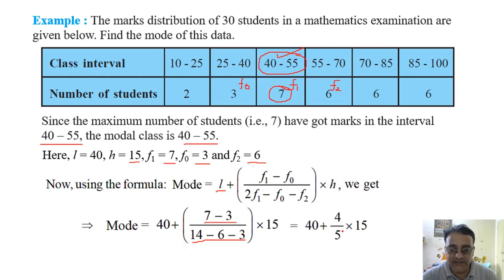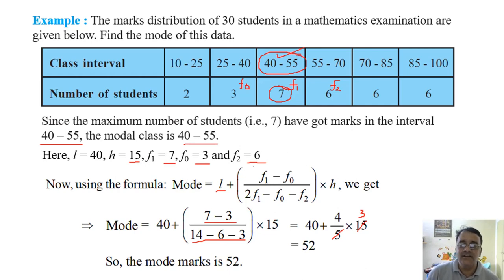So you'll get 4 by 5. This you can cancel. So 40 plus 12. What is the final answer? 52. Hence, the mode marks is 52. So in this way, you have to find the mode. What is important to remember is the formula. अगर formula याद नहीं है तो फिर मुश्किल है.